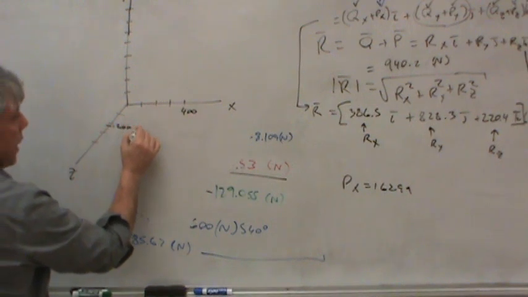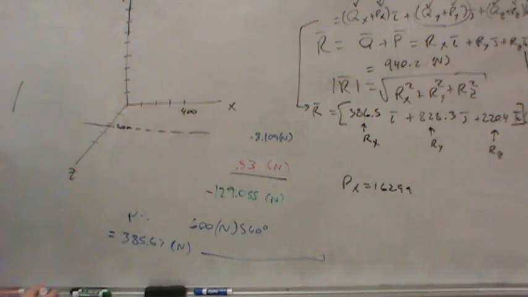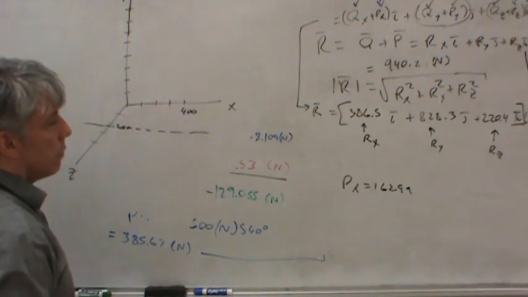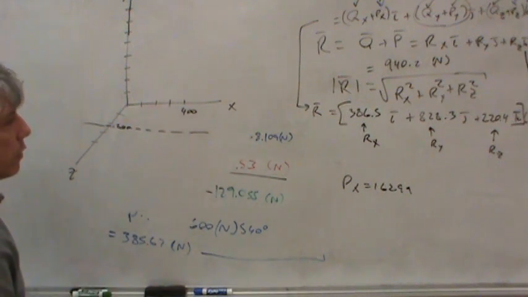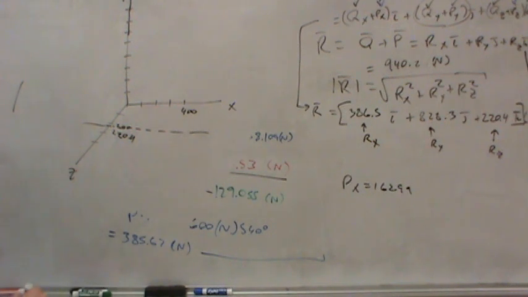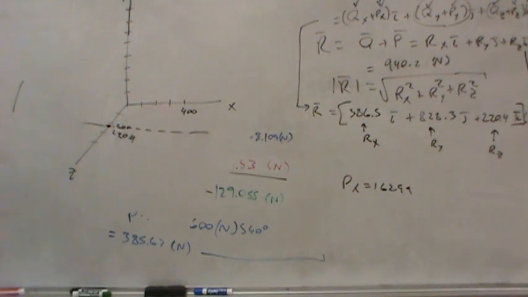Okay, so this line, and really a plane parallel to the xy plane through this line, is what's defined by that 220.4, right? Newton dimension, okay? So right there is 220.4 newtons.